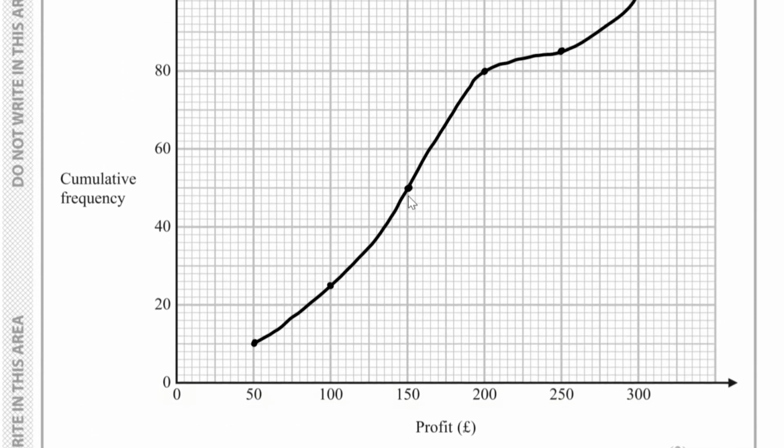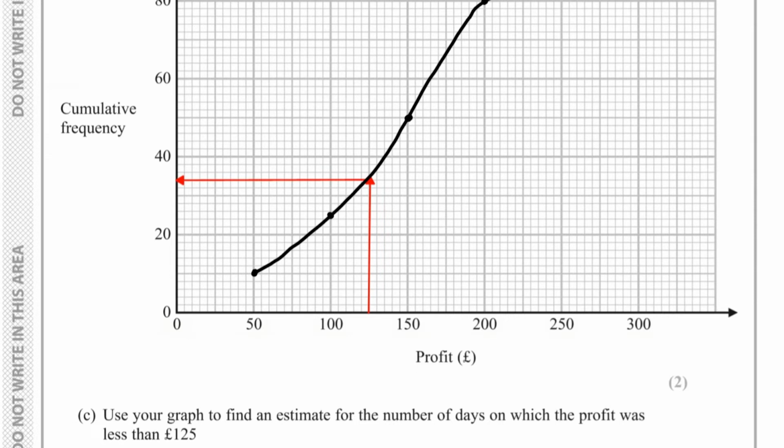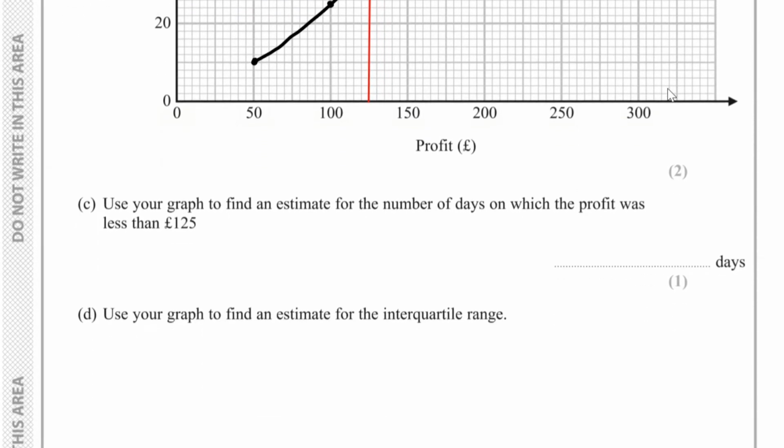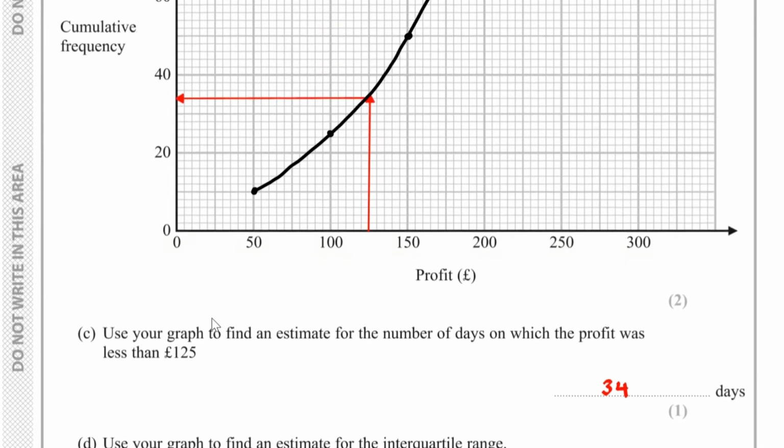Well, what we would have to do here is draw a vertical line up from 125 and then reading across, we see that we have 36, rather 34. And then for part D, we have to use our graph to find the interquartile range.